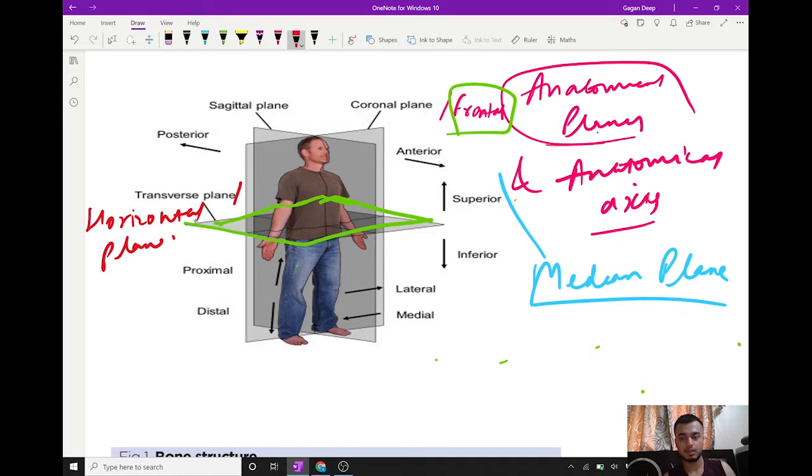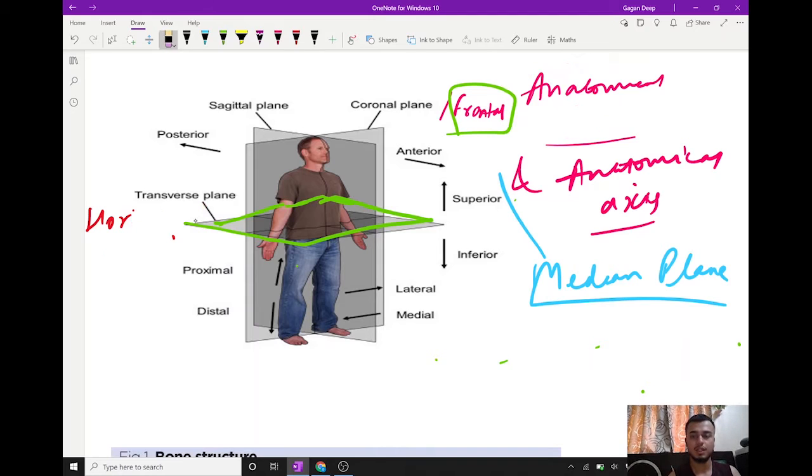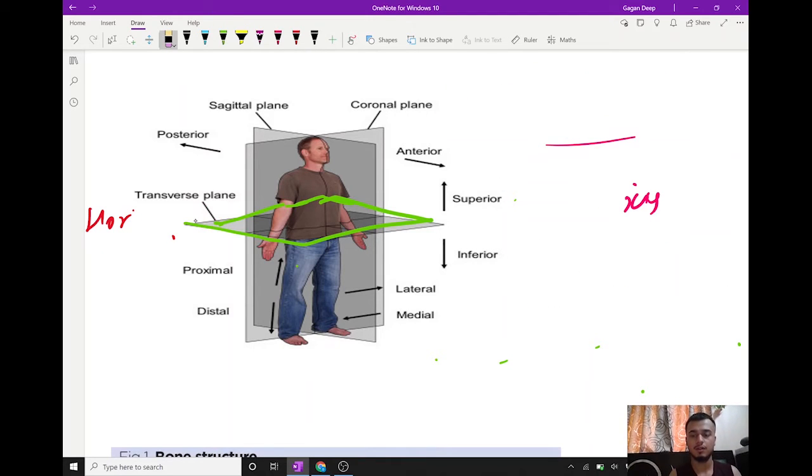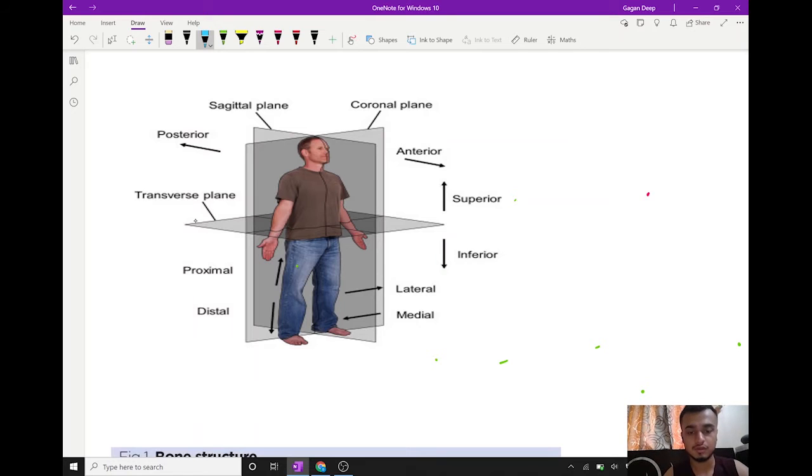Now after discussing all the planes, what we are left with is the three axes of the human body. First I'll draw on this diagram, then I'll show you a specific diagram for axis to make you understand better. Now what was the sagittal plane doing? We had the sagittal plane which was passing from front to back longitudinally.